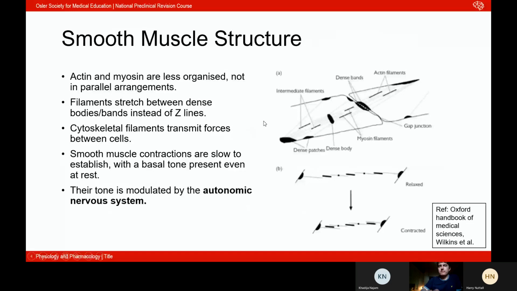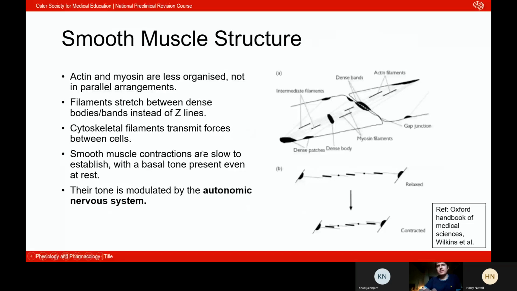And we see the binding of these to dense bodies and dense bands on the cell membrane. And these function in a similar way to Z lines, in that they're the point of anchoring for the myofilaments.